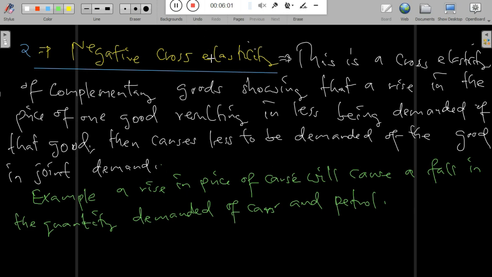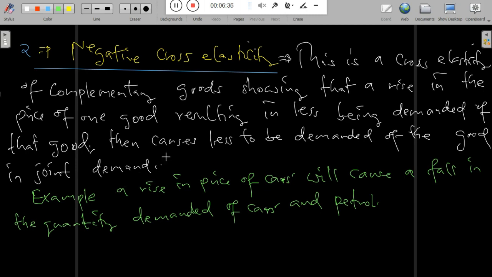Since negative cross elasticity relies on complementary goods, which are consumed together, any change of price affects both commodities.